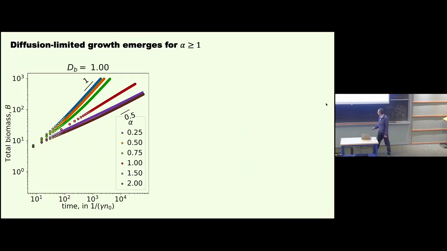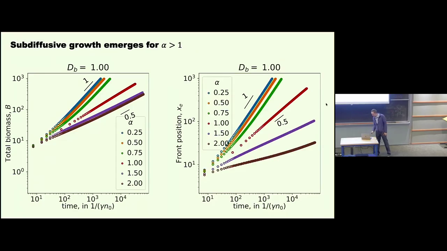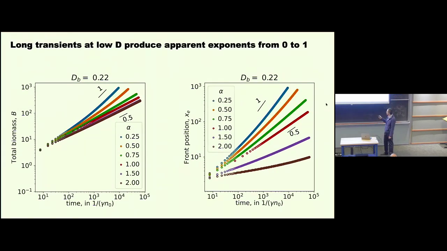This is sort of an illustration of that. Now the different colors are different values of alpha, and the biomass either goes as 1 or 1/2. The positions now have a broader range: 1, 1/2, and less than 1/2. Again, we still don't have anything between 1/2 and 1 asymptotically. However, if you look at not this parameter 1, which is close to the transition, but a smaller value, not that much smaller, right? Say 0.2. Now you have very long transients.